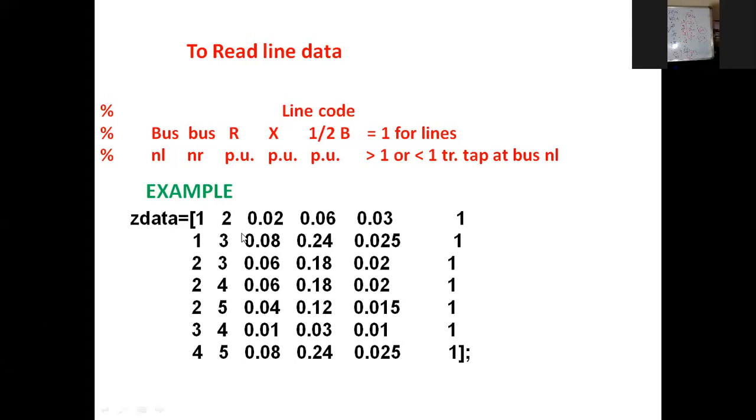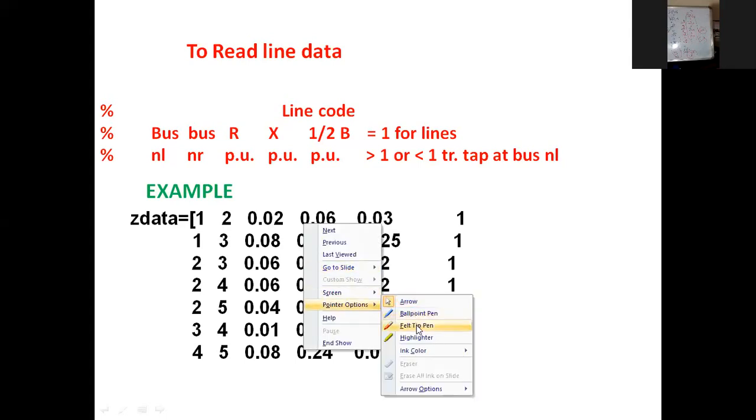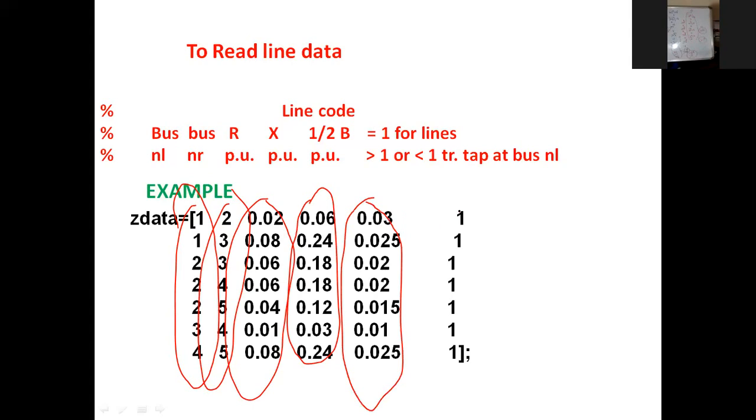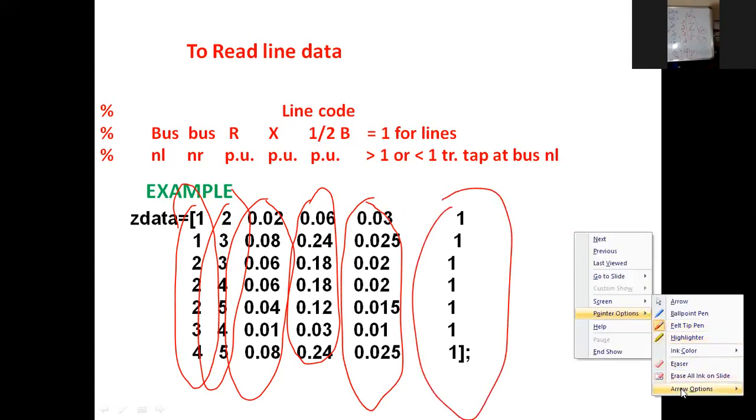So you just see that I'm marking here. Can I take these are all columns? Now I am going for another color.